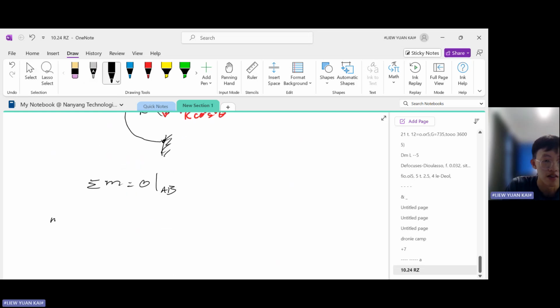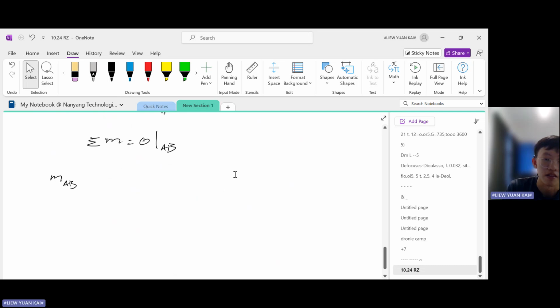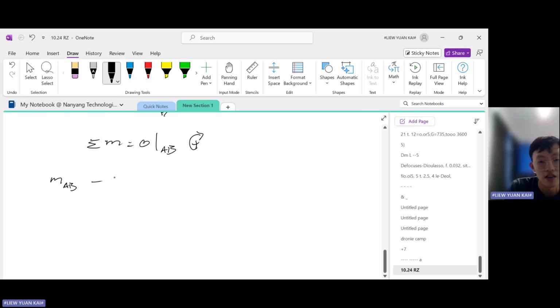So first thing first, we have mAB. Then the 1 Newton load will be providing an anti-clockwise moment. So here clockwise is positive, so if it's anti-clockwise, it'll be negative.